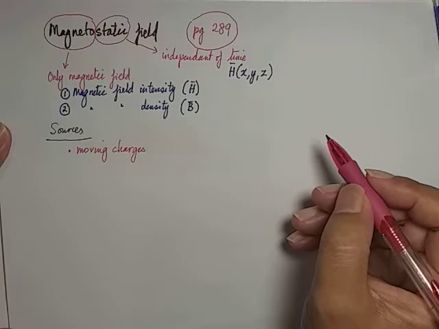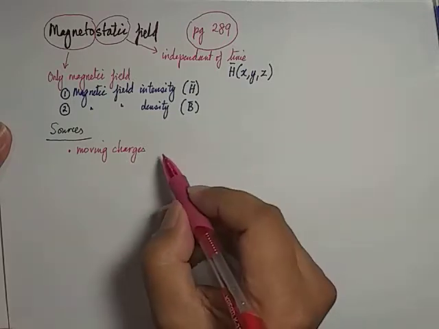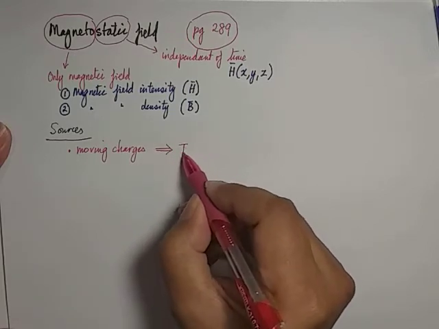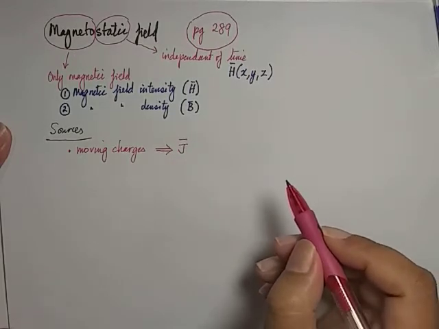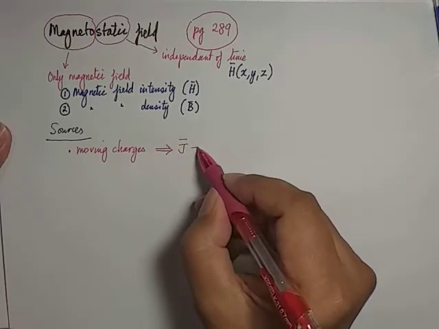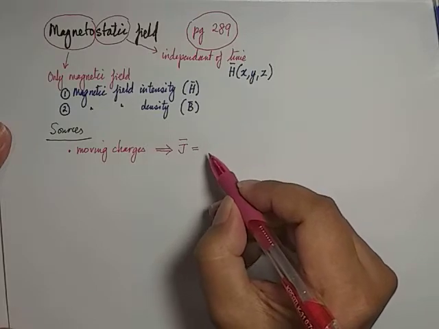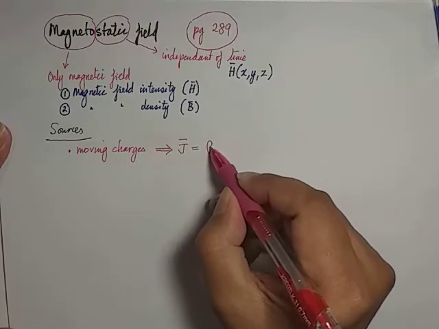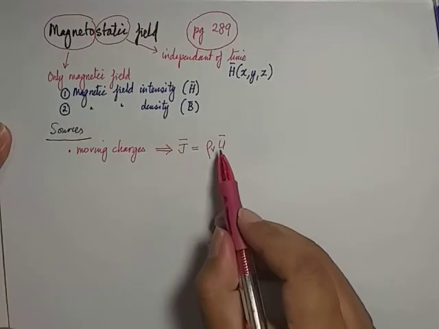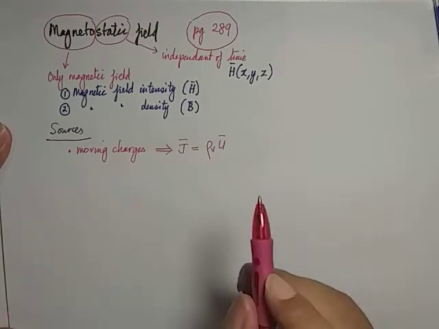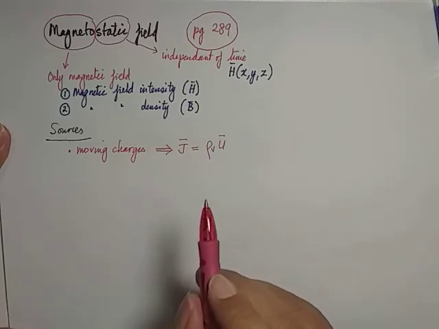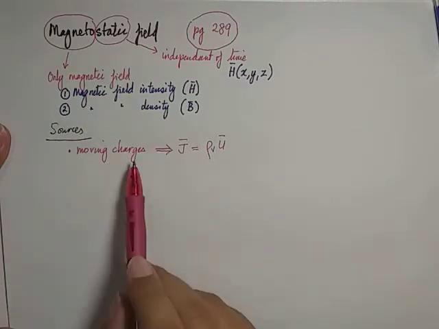They should be charges that move, and we can represent this idea mathematically as vector J, known as current density. One equation that we have seen before, J can be represented by moving charge. So that should be the basic pattern of the source for magnetostatic field: moving charge.